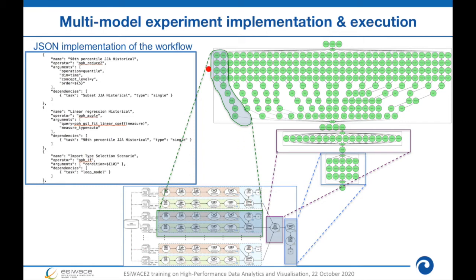So here we have the various branches specified for the different models, and this second part here is then associated with the merging of these various trend analysis data, and this last part concerns the multimodel data analysis.